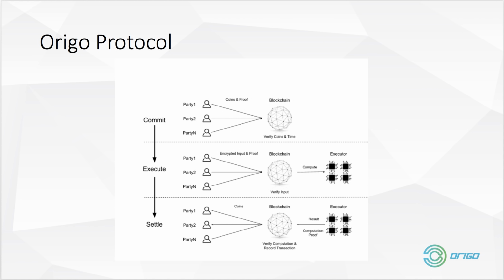Then, if it's matching, before the open period, you will send the information to the executor, and the executor will do the calculation based on all of the inputs, because they're encrypted by his public key. At the settle step, he will send back the result encrypted by the participant's public key, and also generate a computation proof back to the blockchain.